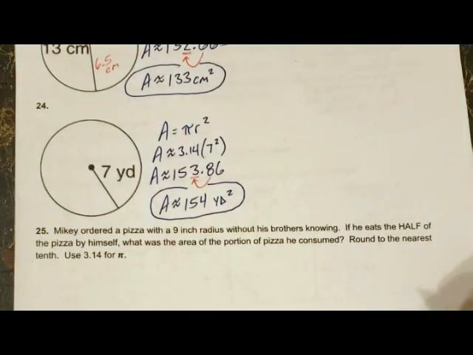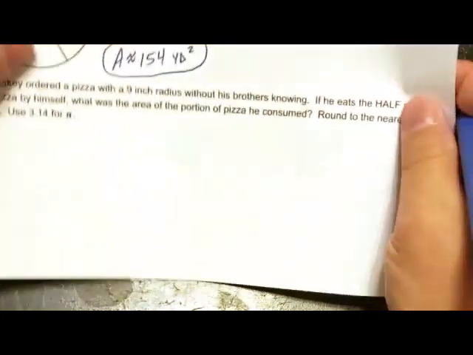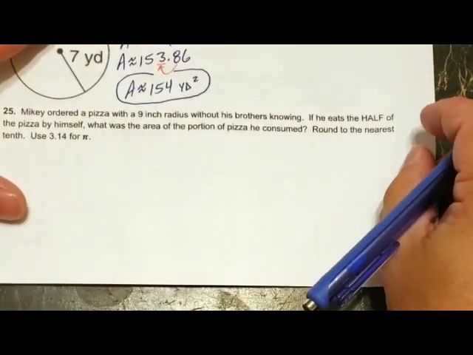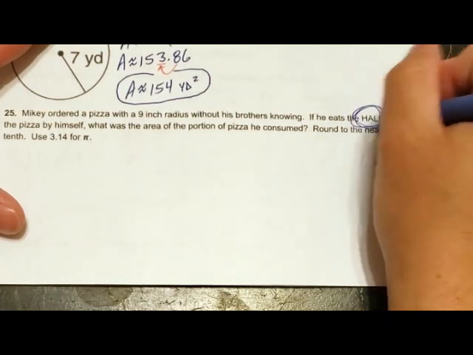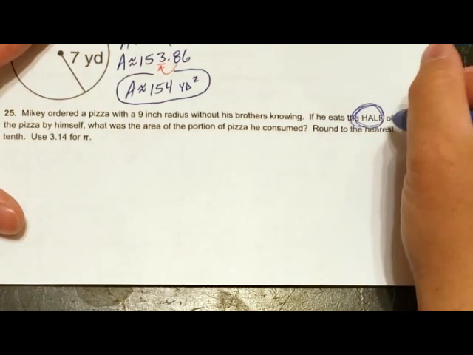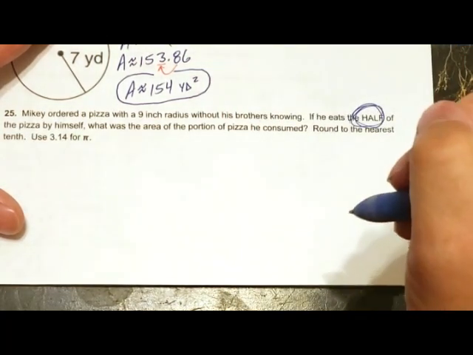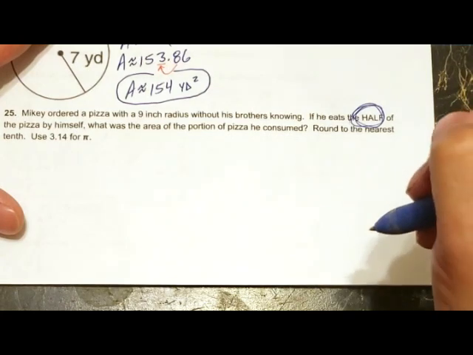All right, last one. Mikey ordered a pizza with a 9-inch radius without his brothers knowing. If he eats half of the pizza by himself, what was the area of the portion of pizza he consumed?